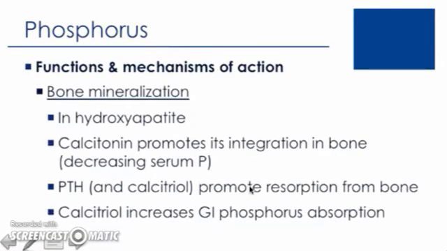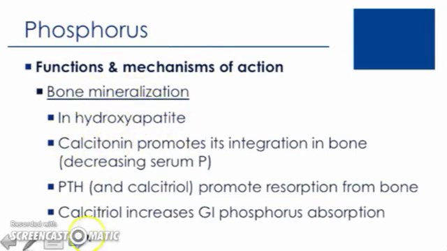Now we'll discuss the functions and mechanisms of action of phosphorus. Like calcium, phosphorus plays a role in bone mineralization and is found as a component of hydroxyapatite in bone. Phosphorus and calcium primarily are the minerals making up this hydroxyapatite found in bone, and so it's going to be working with calcium in this process.